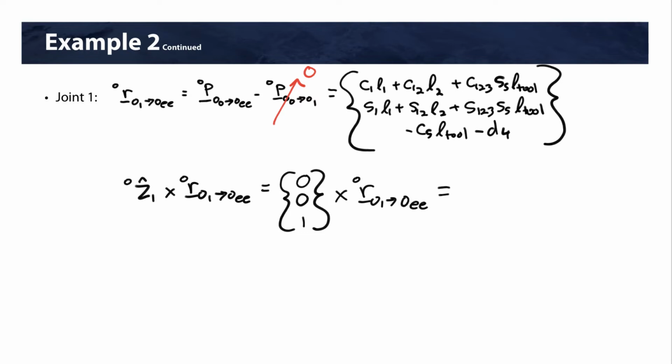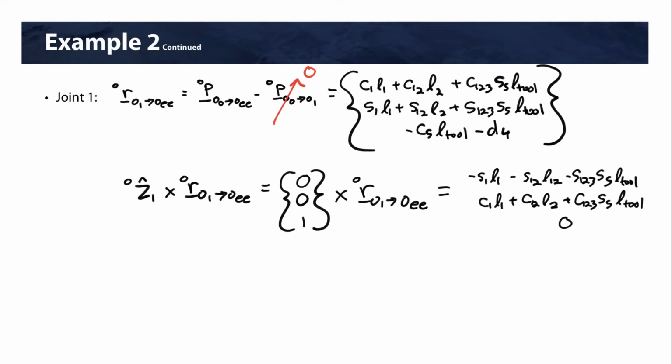But if you do the cross product, you'll get minus S1L1 minus S12L2 and minus S123 S5L2. You'll then get C1L1 plus C12L2 plus C123 S5L2, and you'll get 0.